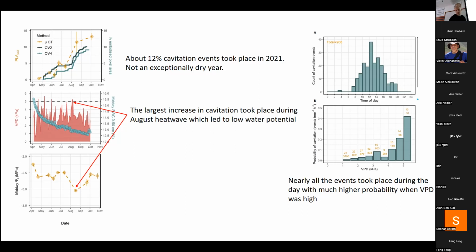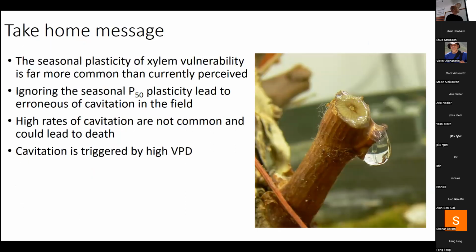That's it. I'll just give you some take-home messages. First of all, the seasonal plasticity of xylem vulnerability is more common than currently perceived. People don't think it changes. It does change. There are also papers in the past, but we added 3 new studies that show that it happens, and I think soon it will become something that people consider when they do their measurements.